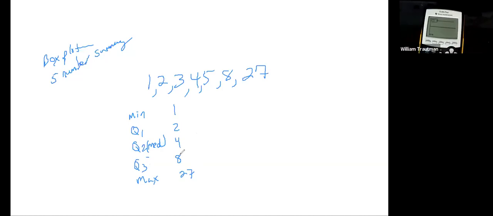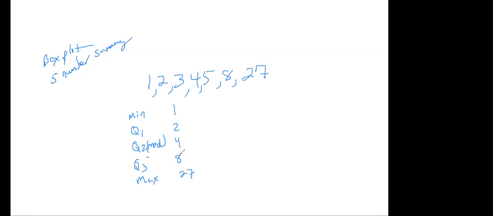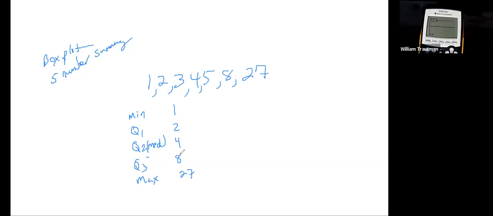And this is what I got. 1, 2, 4, 8, 27. What did you guys put your window on? I put 0 to 30, but you could have done 0 to 50.